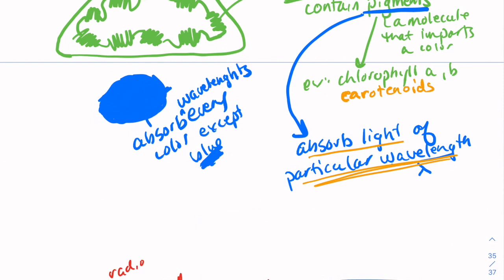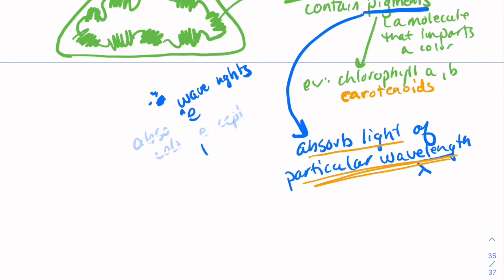Ooh, that was fun. Really like this eraser action here. Can make more room for myself. I am not going to test you on the electromagnetic spectrum, but you do need to know that pigments are involved in this process. Okay, so we can get rid of this stuff here.